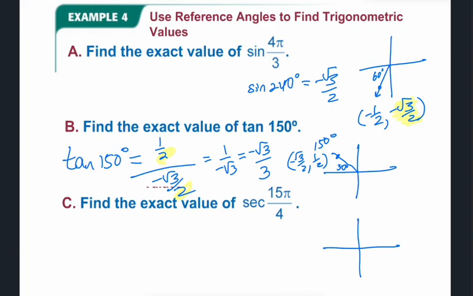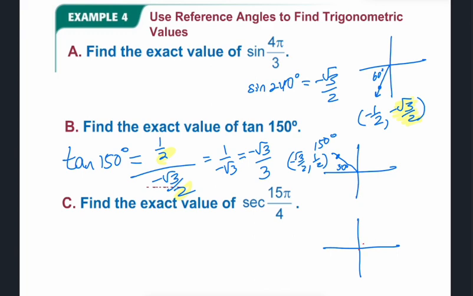Now there's lots of ways to do C. First thing you look at, what's your denominator? 4. Anybody tell me how many degrees pi over 4 is? Anybody remember? Pi over 2 is 90. So let's cut it in half one more time. What would you get? 45. 45 degrees. Okay.